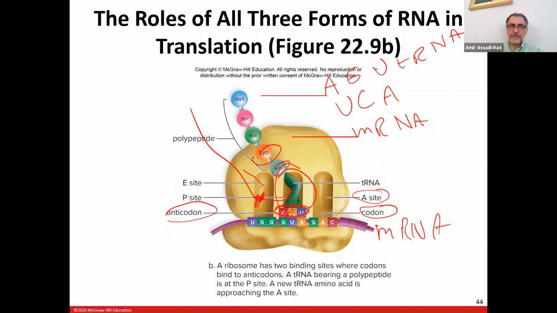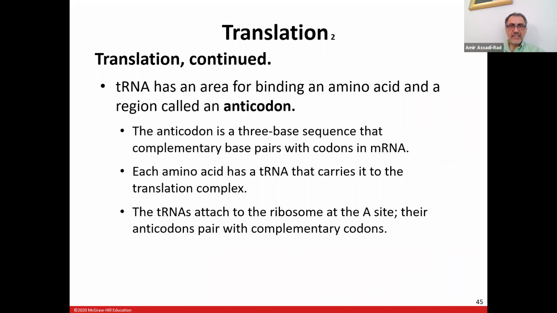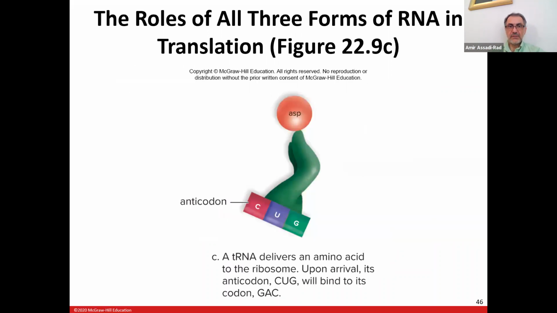Let's go. The anticodon has 3 bases, complementary base pairs to the codon on mRNA. Each amino acid has a tRNA that carries it to translation. So here is the amino acid, and here is the anticodon CUG. It could be anything.